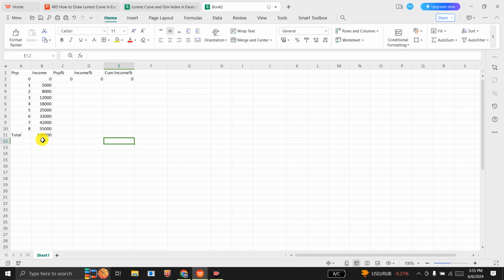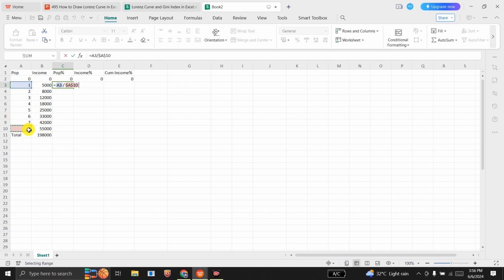In order to draw the Lorenz curve, I need the ranked population percentage on the basis of income from lowest to highest. So to do that, I'll use this formula. 1 out of 8 is how much?